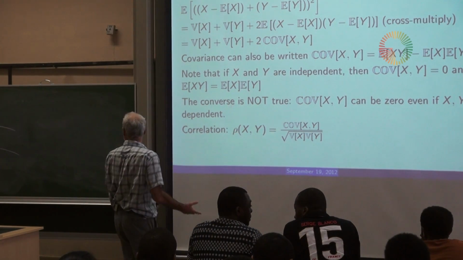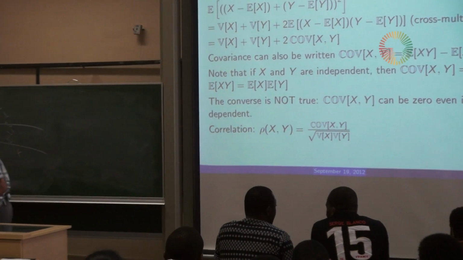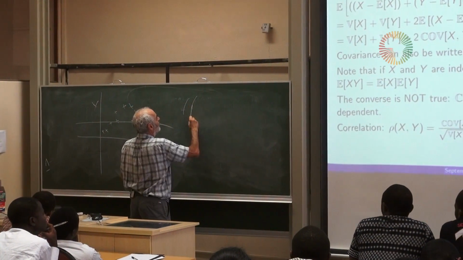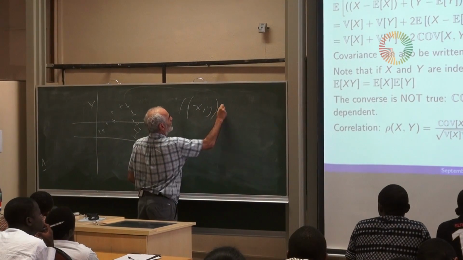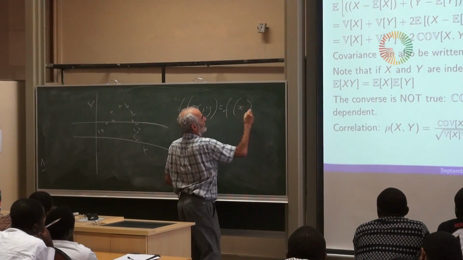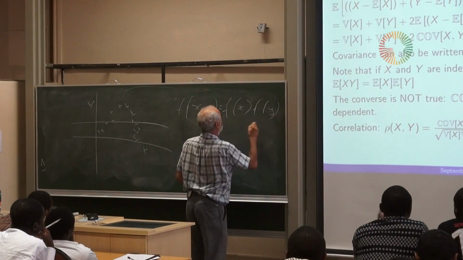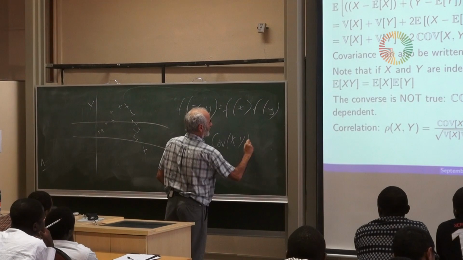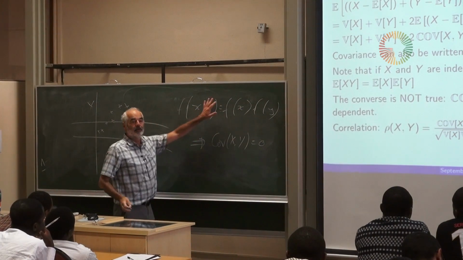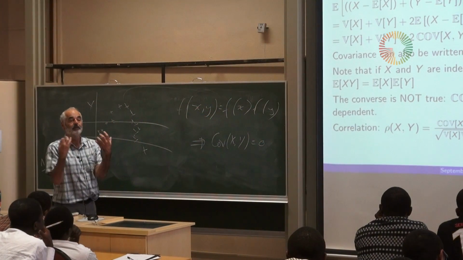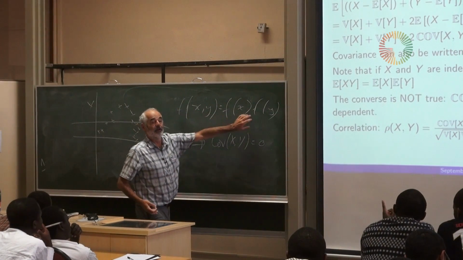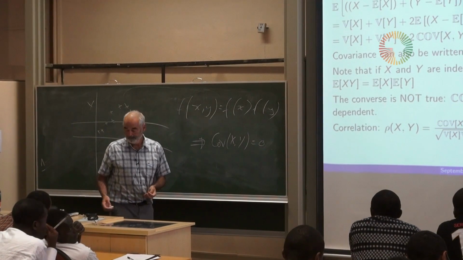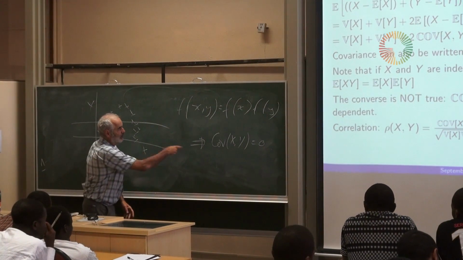If you've got two distributions and you can prove mathematically that the joint distribution factorizes into two terms, that implies that the covariance of xy equals 0, because they're independent. But the inverse isn't true.